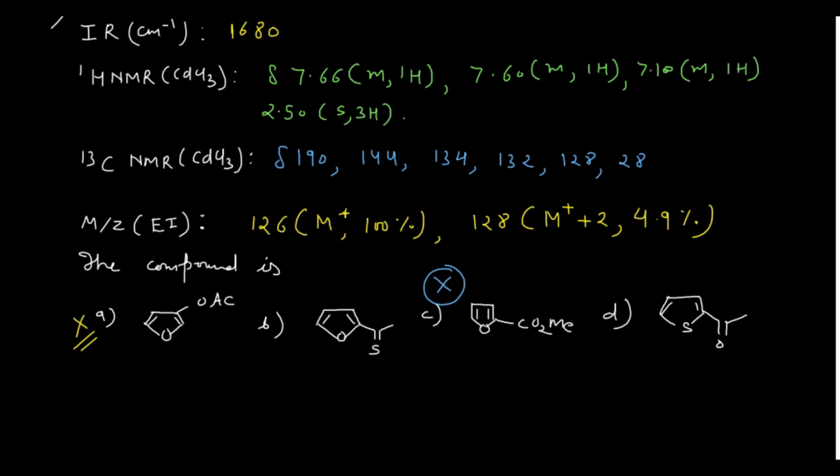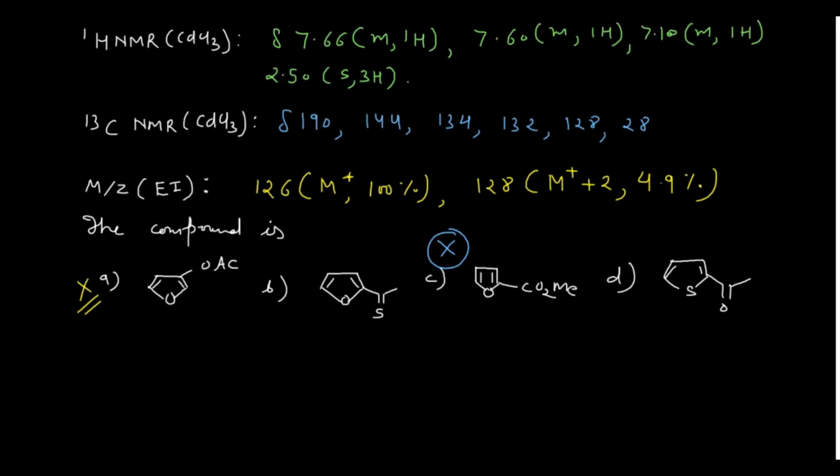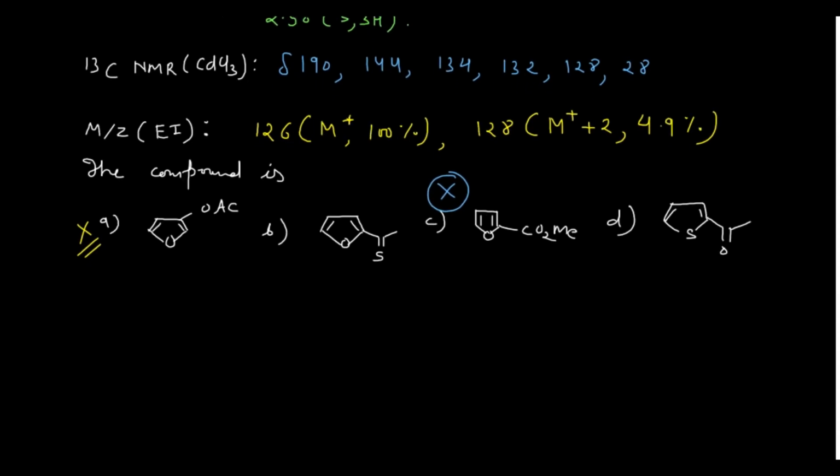Now we have to look at the details. First of all, I'm giving you the details of how you can think about isotopic abundance. Basically sulfur has sulfur-32, sulfur-33, sulfur-34, and finally sulfur-36.